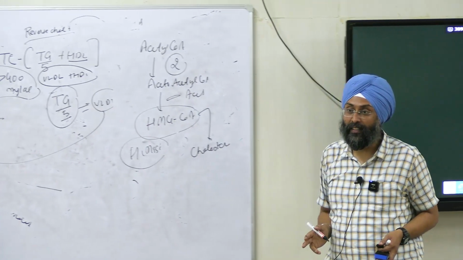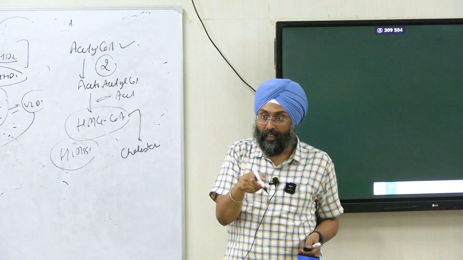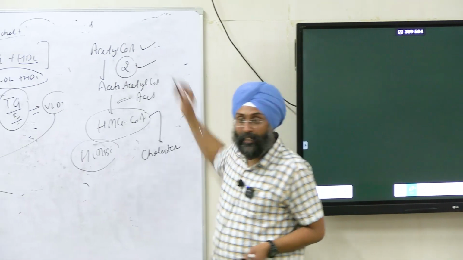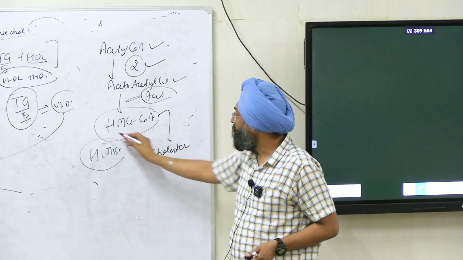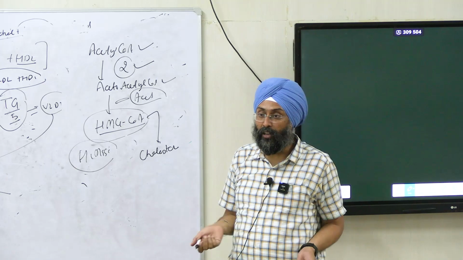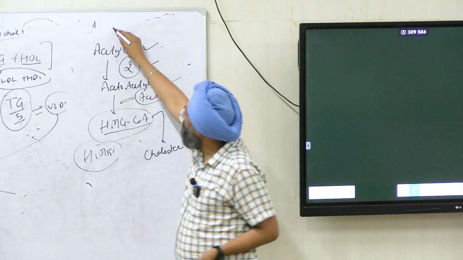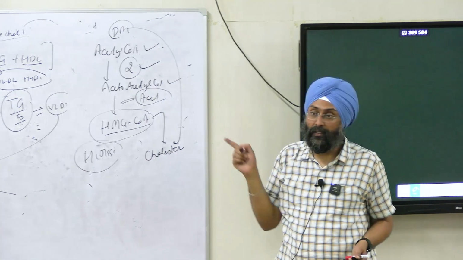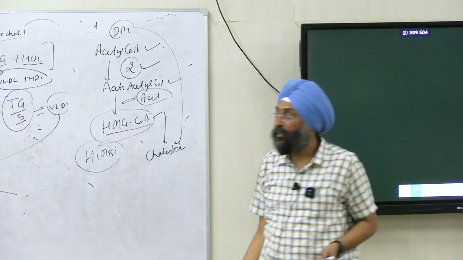Now you can understand, during diabetes, the level of acetyl CoA increases, and HMG CoA is the precursor for the synthesis of cholesterol. So automatically in diabetes mellitus, the level of cholesterol increases. So now you know the exact mechanism of hypercholesterolemia, right?